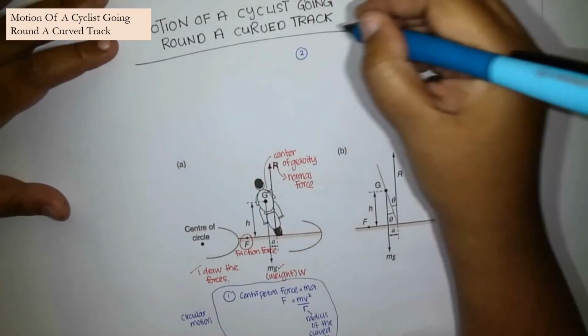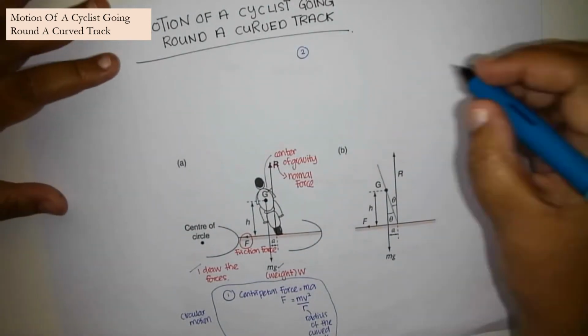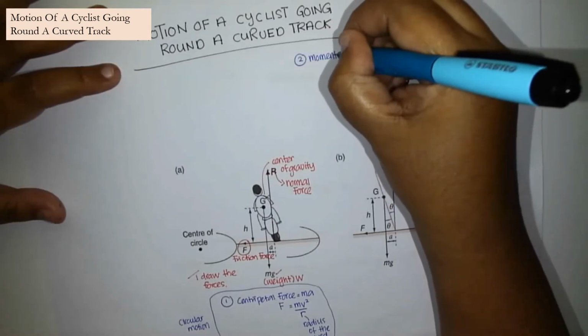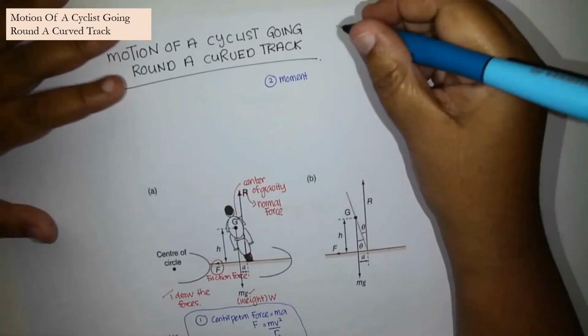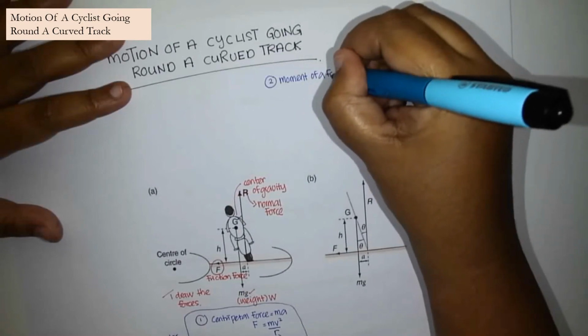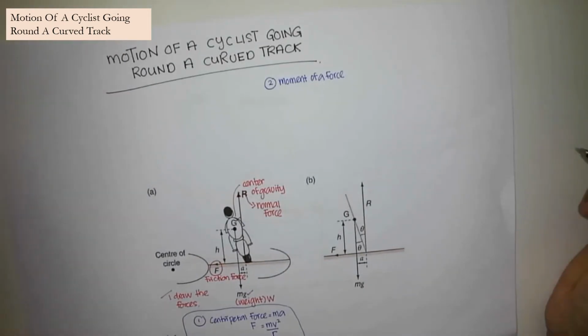The concept can be found under the chapter of statics, which is the concept of moment of forces. You haven't studied this yet, but just understand. When I teach this chapter on statics, which I'm going to do after this lesson, then you will understand better. We will learn how to apply this concept in many other questions.